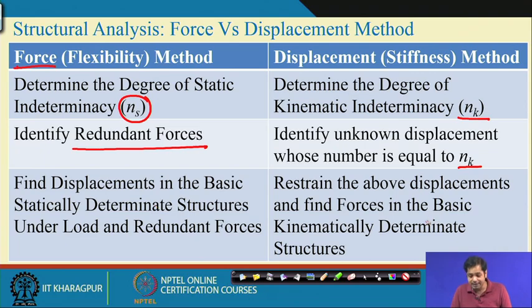In the displacement method, we have to restrain the unknown displacements and find the forces in the basic kinematically determinate structure. So we divide the problem into several sub-problems that become statically determinate, and in the displacement method we make the problems kinematically determinate.